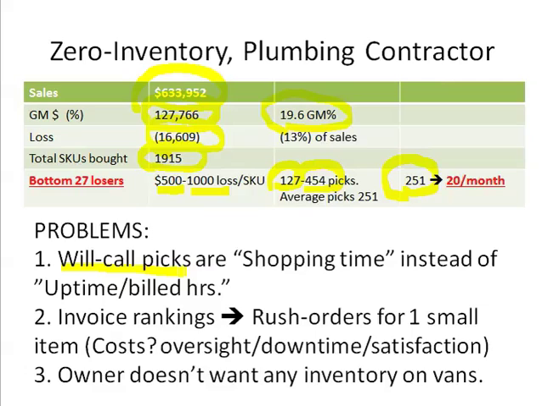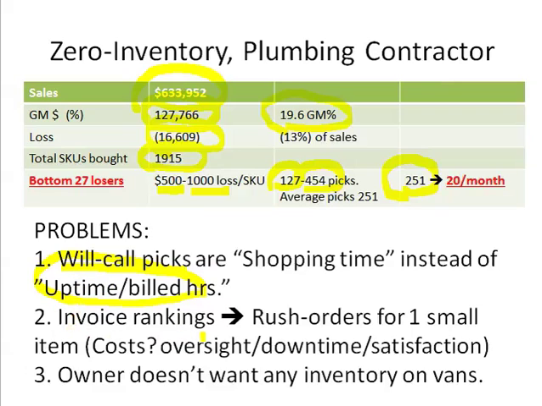So if their opportunity cost to be at the counter is billing out at 2.5, 3 times what the contractor's paying these tech van people on a payroll basis, that's a very expensive shopping trip, isn't it? And so we could ask the question, how do we convert more of the shopping time into being on the job, doing the job, and billing a customer for what they want done sooner?